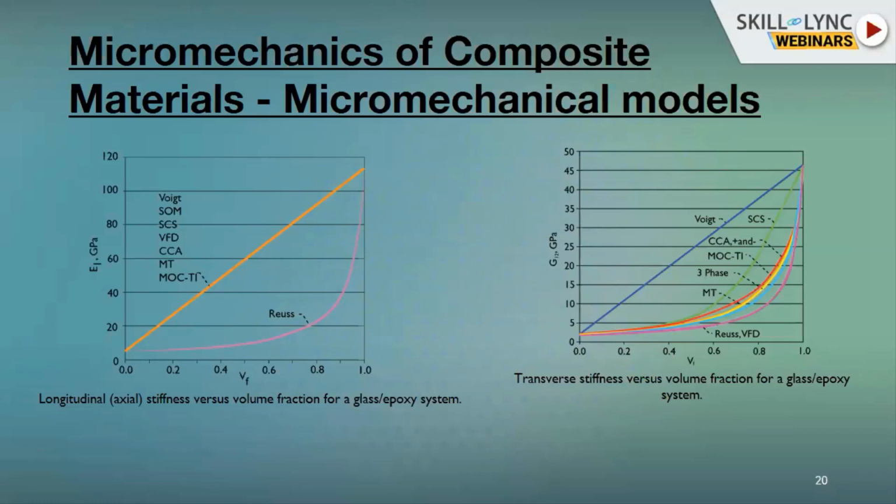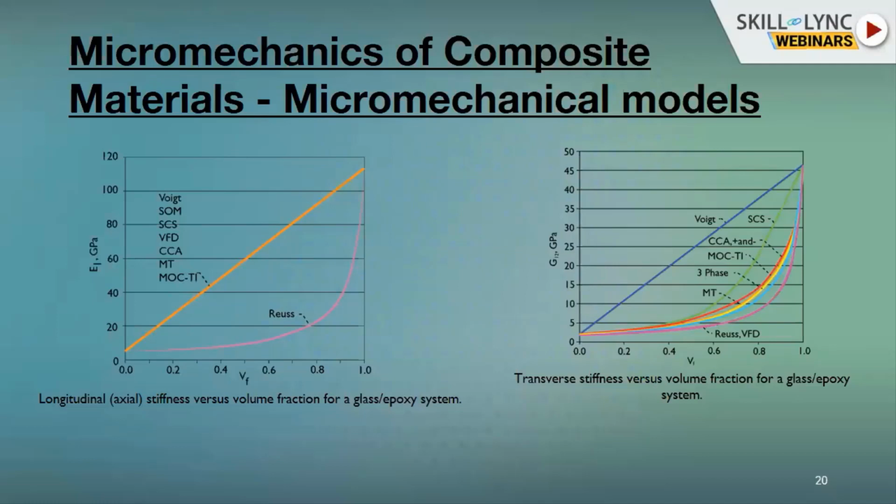The orange line on the left side represents the Voigt and method of cells based prediction of the composite material, whereas the pink one represents the Reuss model. Basically these are the two models which form the upper bound and lower bound of the micromechanical models.